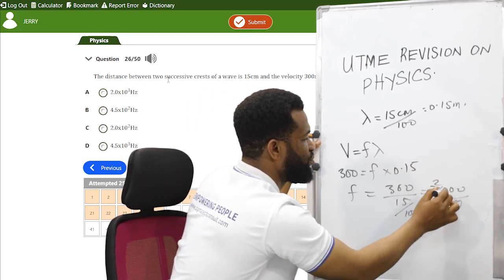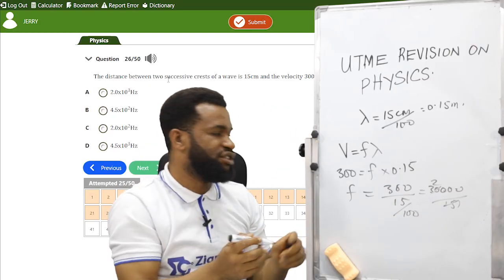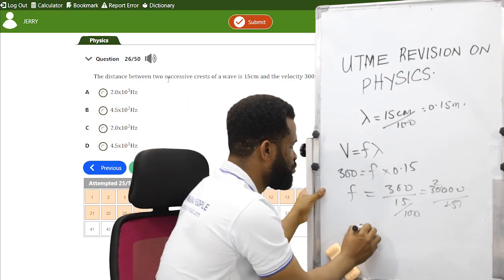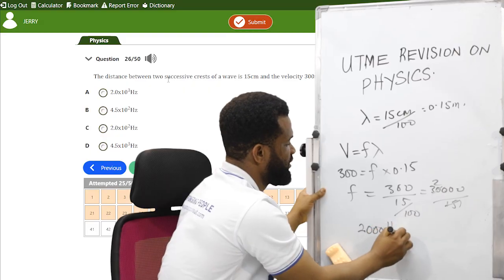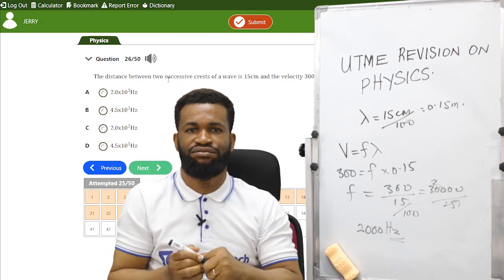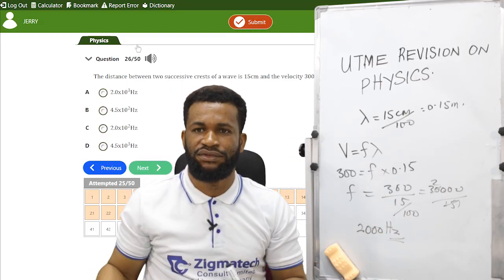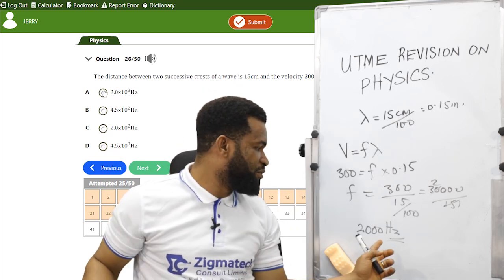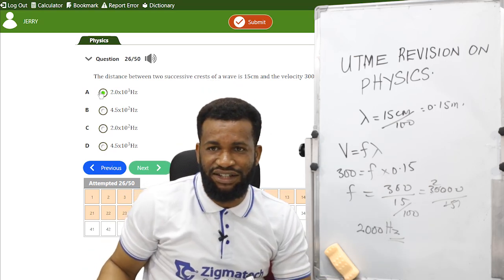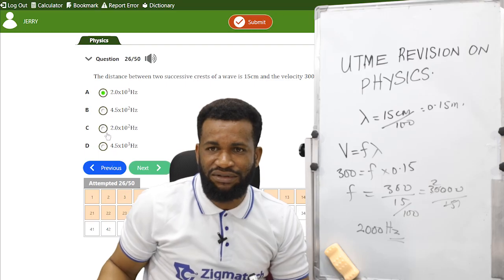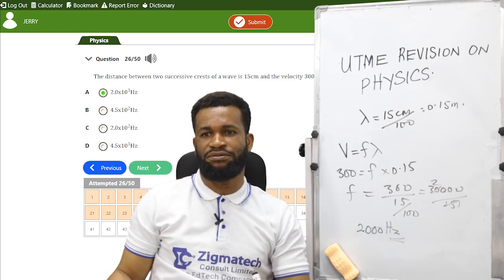And this is 2. So 2000 hertz is the option. Remember, 2000 hertz is something like 2 times 10 raised to the power 3. It's not this one. Okay, that's option A for me.